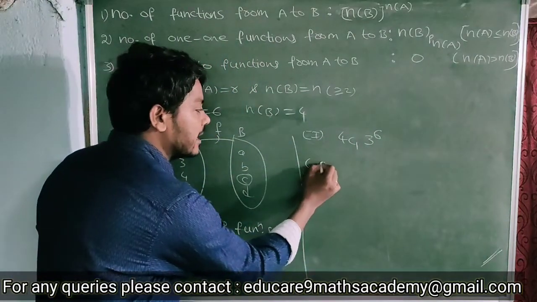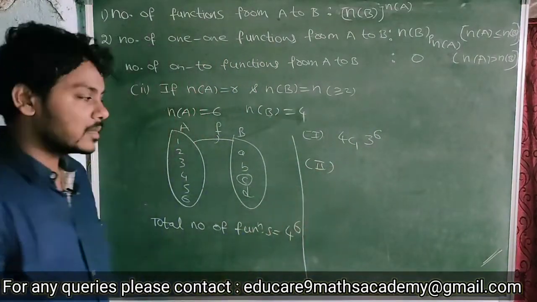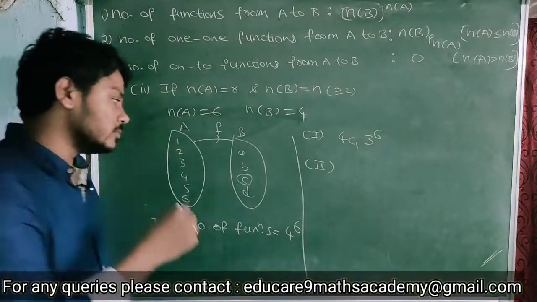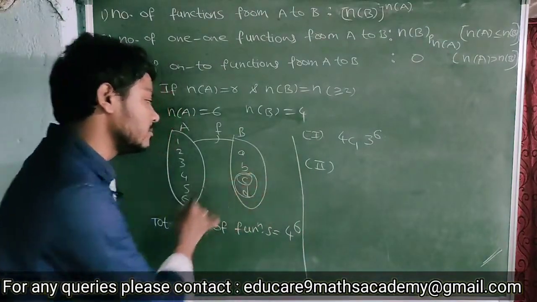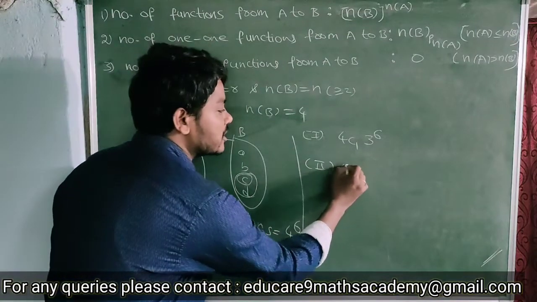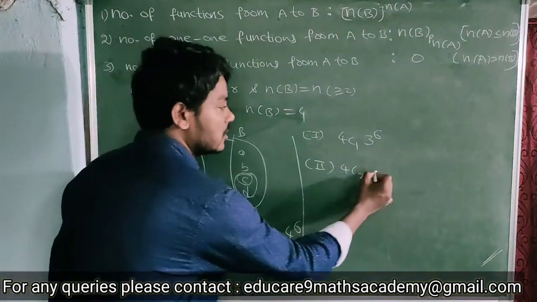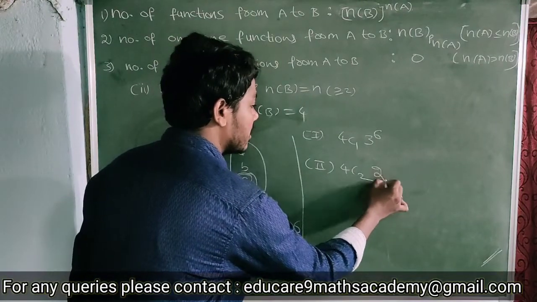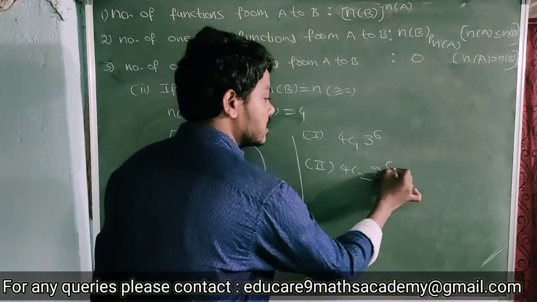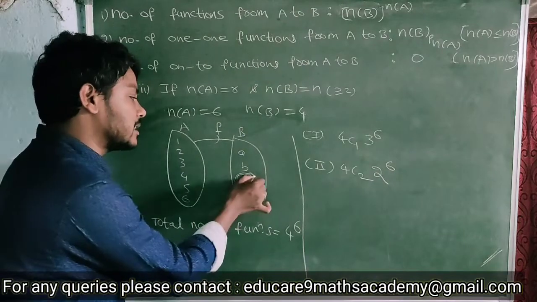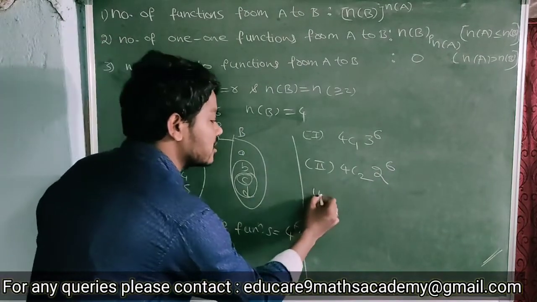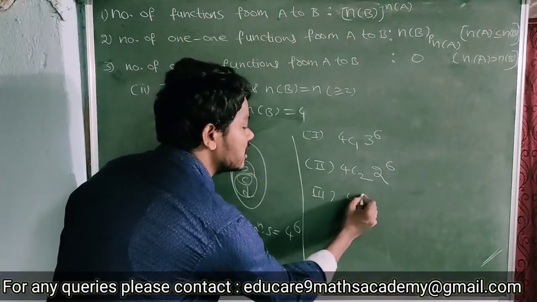In the second case, you can select any two, for example C and D. So that is 4C2. So clearly the number of functions is 2 power 6. And you can select 3. So that is the third case, that is 4C3.